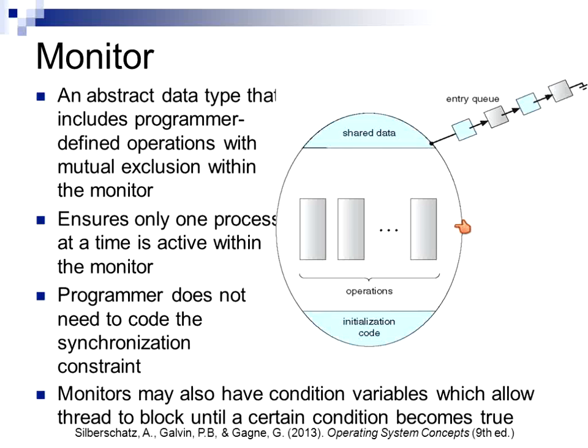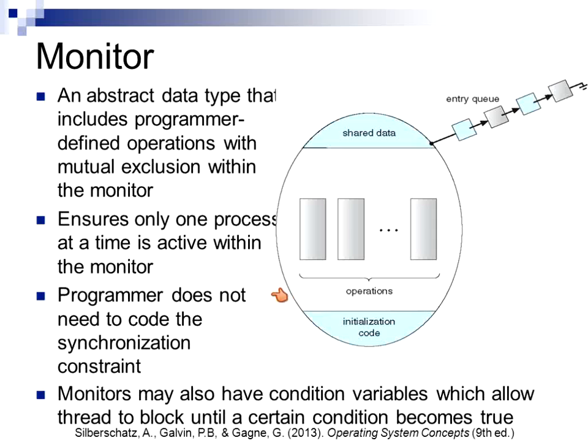So in our other case, with mutexes or semaphores, the programmer had to actually say, give me the lock to the critical section, and I'm going to release the lock to the critical section.